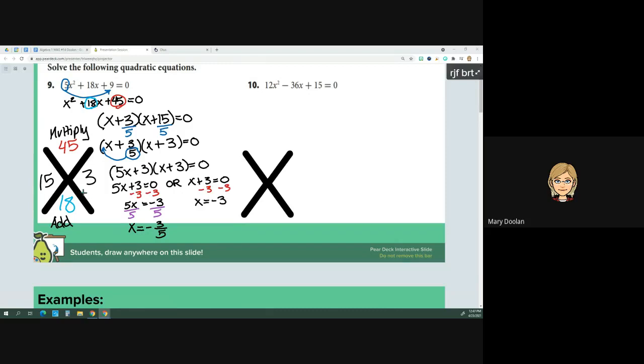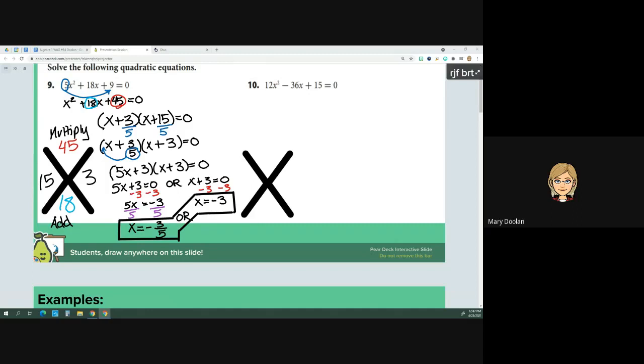So these are my two choices. Either x is equal to -3/5 or x is equal to -3. This is my answer. So you want to box your answer. It's a combination of both possible solutions of x.